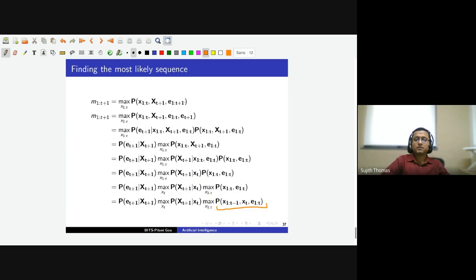So this shows that the maximum joint probability at a time step can be expressed in a recursive manner in terms of the message that is passed in the previous time step and so on. So the procedure that we explained earlier will indeed give us the maximum joint probability at the end.